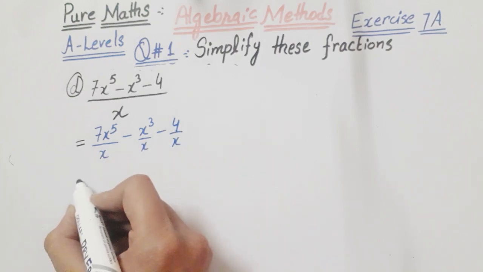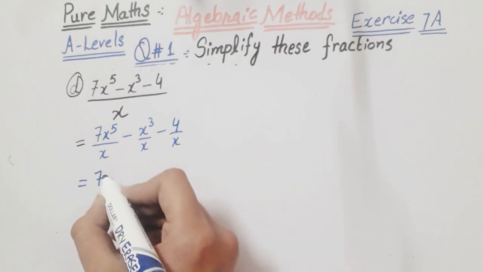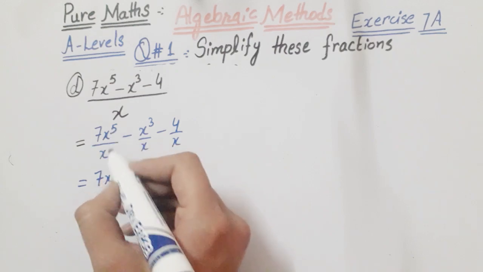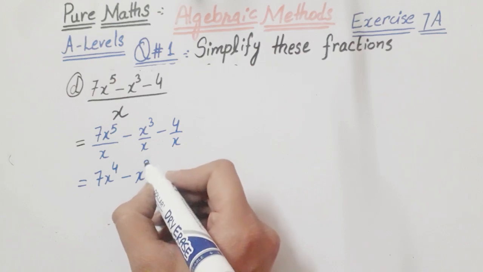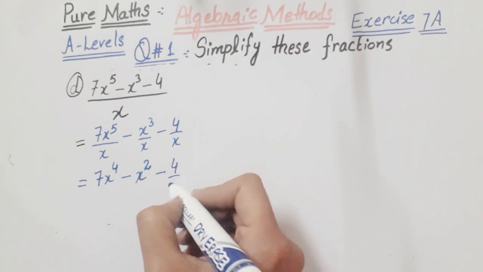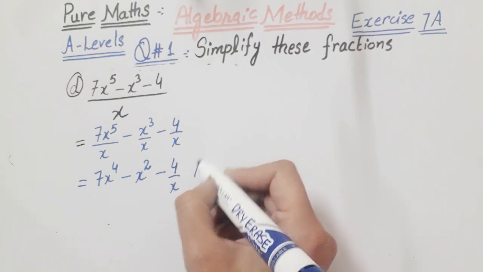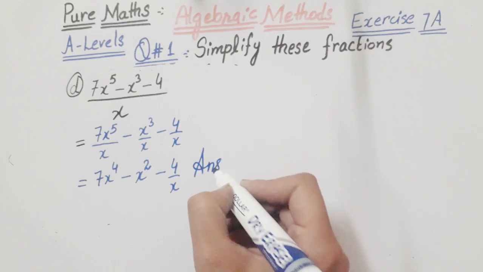So we will get 7x^(5-1) is x^4, minus x^(3-1) is x^2, minus 4 by x. This is the simplest form and we will say this is the answer.